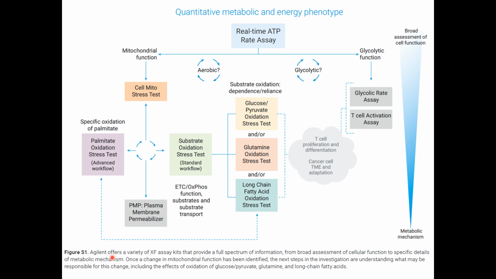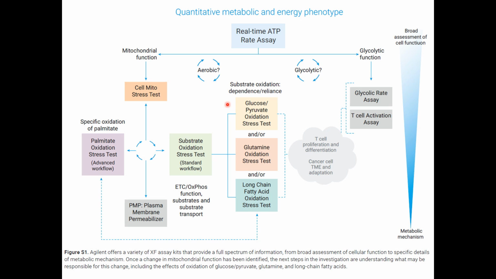So if you don't know which kit to pick, here is an easy figure to show you. If you want to know the whole cell metabolism, it is a very good way to start from the real-time ATP assay kit. If you focus more on mitochondria, then you have to do the Cell Mito Stress Test. If you want to go further and know which substrate the mitochondria utilize, then you can try the substrate oxidation stress test.